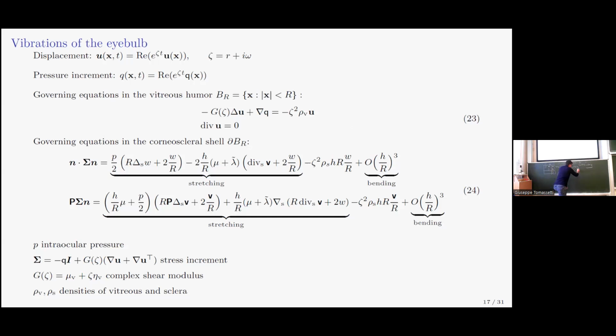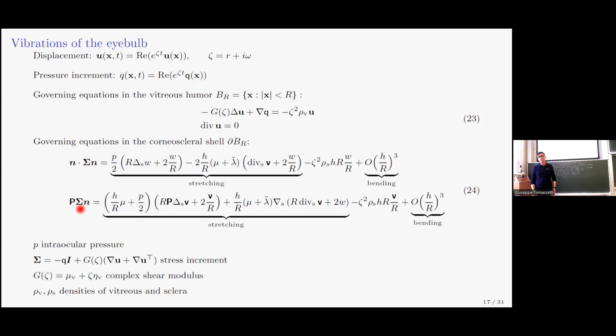To compute this force, I have to take the normal. This is, let's say, minus the normal. I apply the stress tensor to this normal, and this gives me the traction at the boundary. Then I project this traction again on the normal direction, and this gives me the force that the vitreous is exerting on the sclera. Okay, so the force that the sclera is experiencing from the vitreous, the normal part.